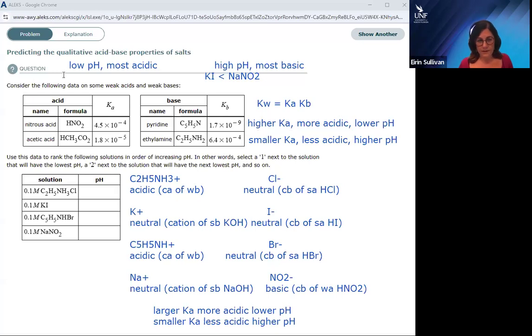So let me fill these in terms of order. So my lowest pH is going to be the C5H5NHBr, okay, because of pyridine being a weaker base, therefore the cation, the conjugate acid, is going to be more acidic. And then C2H5NH3Cl.